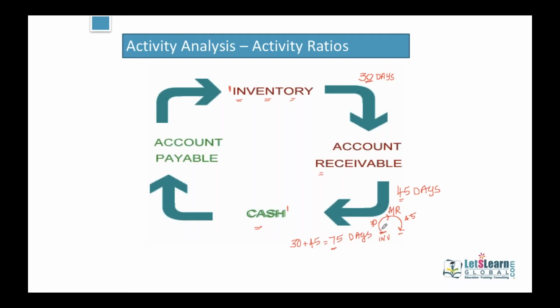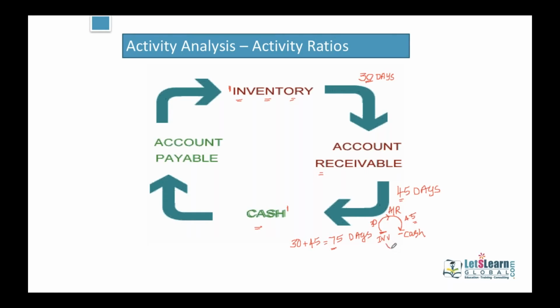Inventory to accounts receivable is 30 days. Accounts receivable is converted back into cash in 45 days, the number of days receivable outstanding.